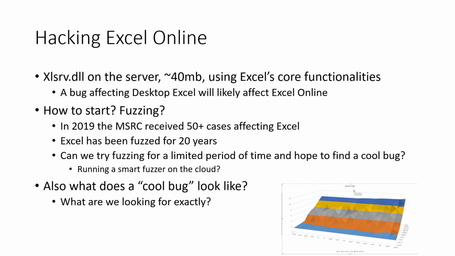I don't know. We need to think a bit about that. And also, what am I after? What kind of bugs am I looking for? Because for Excel Online, there are mitigations like DEP, ASLR, things like that. I need to get an interesting bug, at least interesting enough that I can bypass some mitigations.